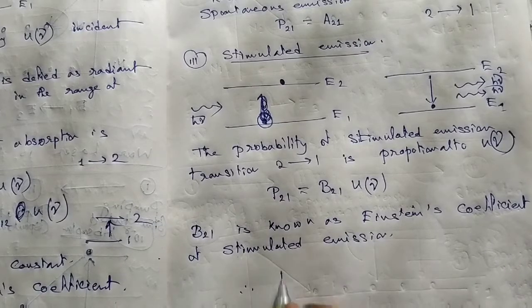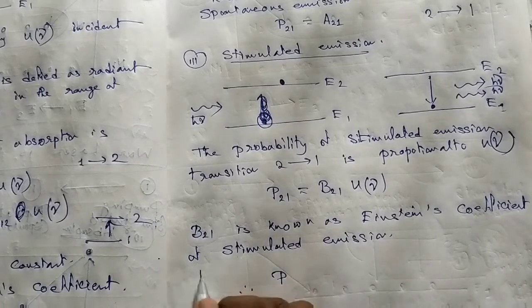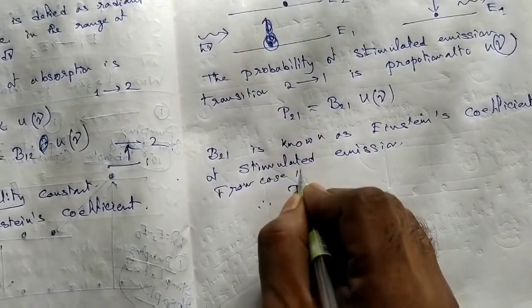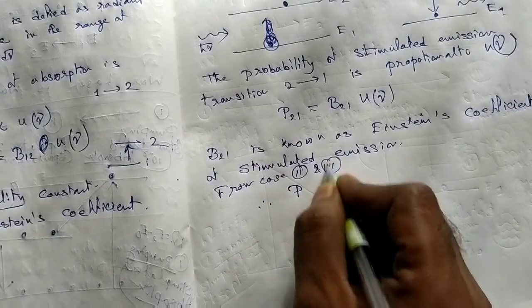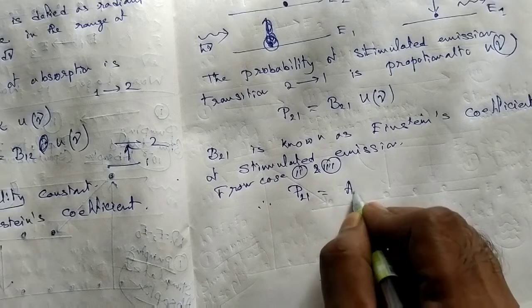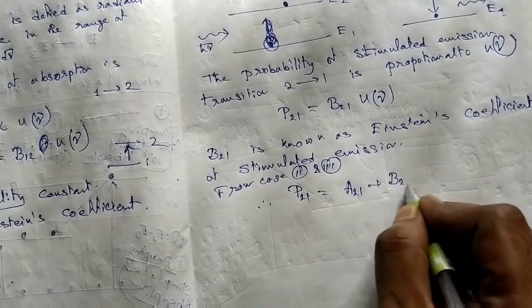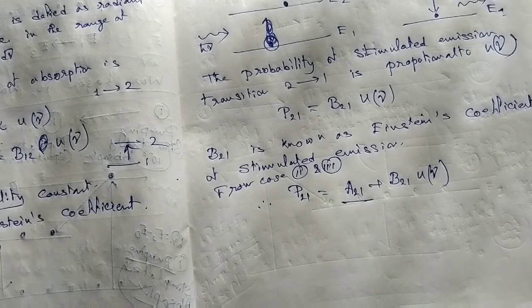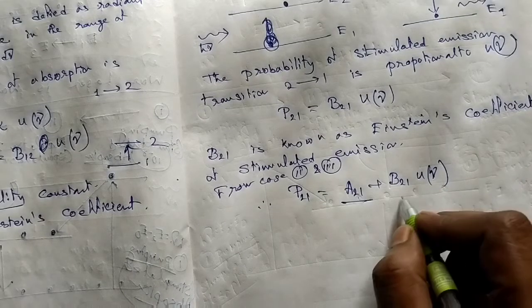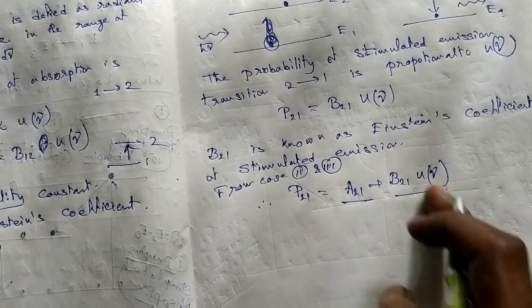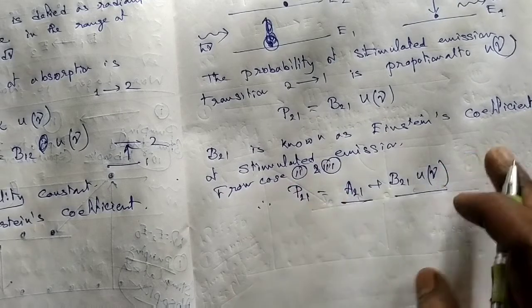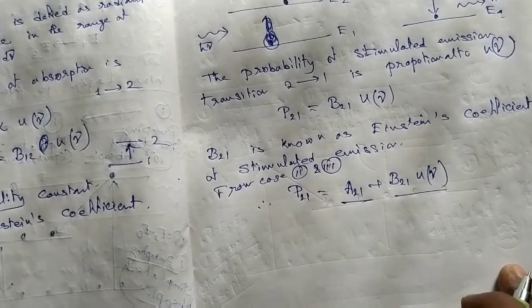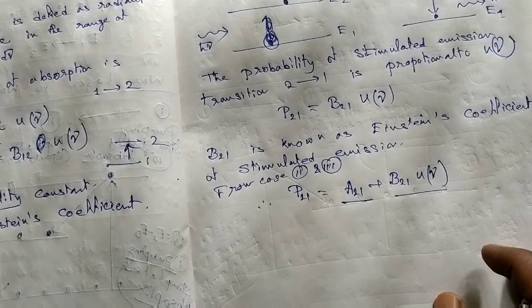That means in case 2 and 3, we get P21 is equal to A21 plus B21 U nu. This is for the spontaneous emission, this is for the stimulated emission, and this is the whole transition of second state to first state.